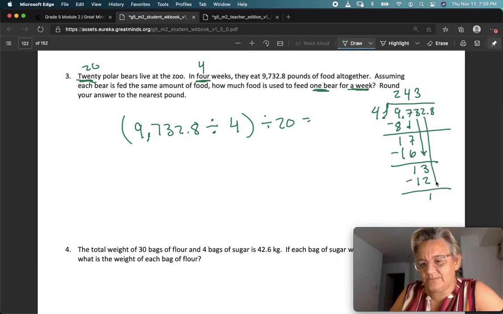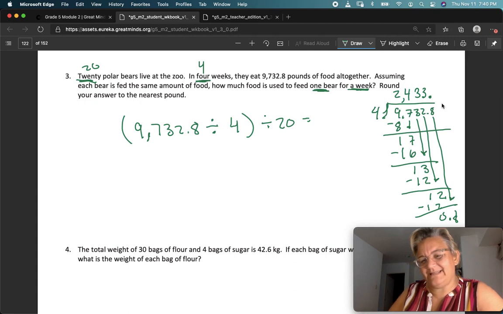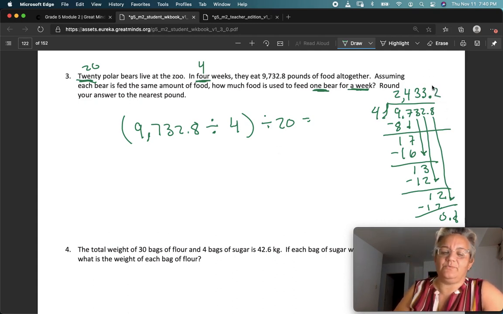Bring down the 2. 4 will go into 12 3 times. Okay, there's my decimal there, comma. 3 times 4 is 12. And then I have a 0, but I still have more number, right? I'm still going to go into the tenths, which is 8 right there. 4 into 8/10, 2/10, okay? Now, here's this number, wonderful. So that's what this equals.